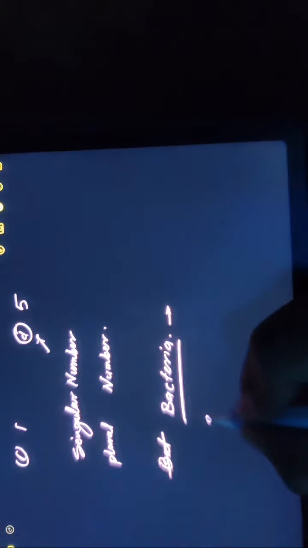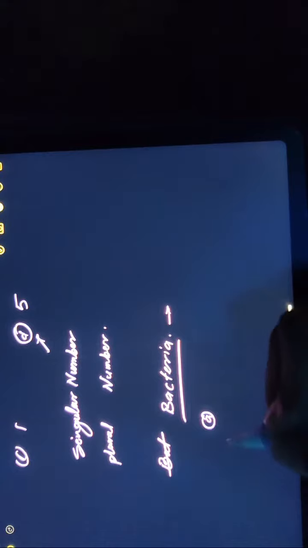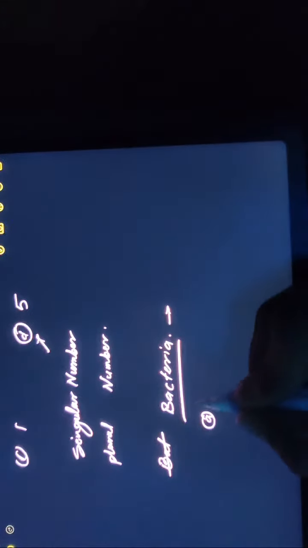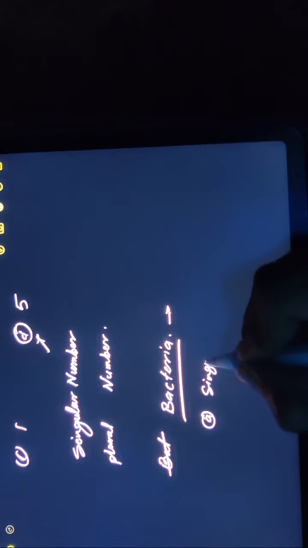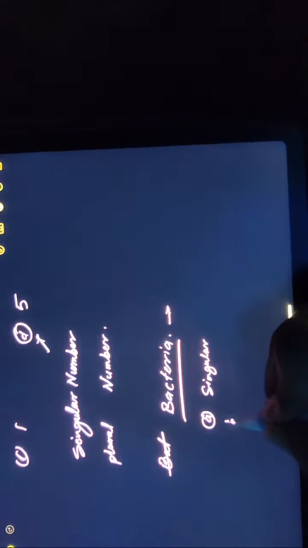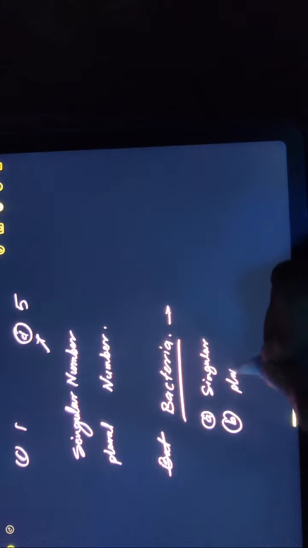And now I'm going to ask you with bacteria, which helping verb are we going to use? If bacteria is our subject, which verb are you going to use? Singular or plural?